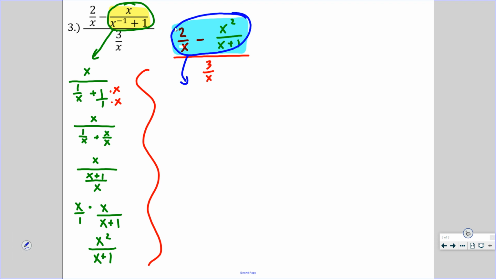All right. So here we go. We got 2 over x minus x squared over x plus 1. Move this over just to make sure I have enough room to keep, change, flip. What would my LCD be? X plus 1. Good, Carter. X times x plus 1. Good.